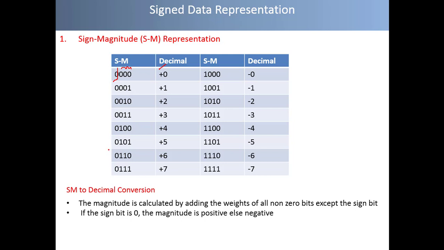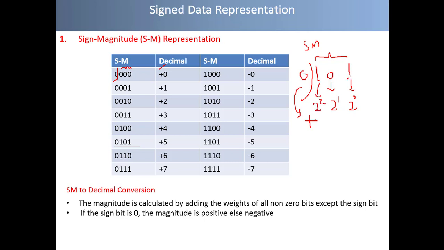So let us take this example, 0101. This is a sign magnitude representation, so we take out the sign bit. This is 0, it means that the number is a positive number, and then we convert the remaining bits into their decimal representation. This bit has weight 2 raised to power 0, this has weight 2 raised to power 1, and this has 2 raised to power 2.